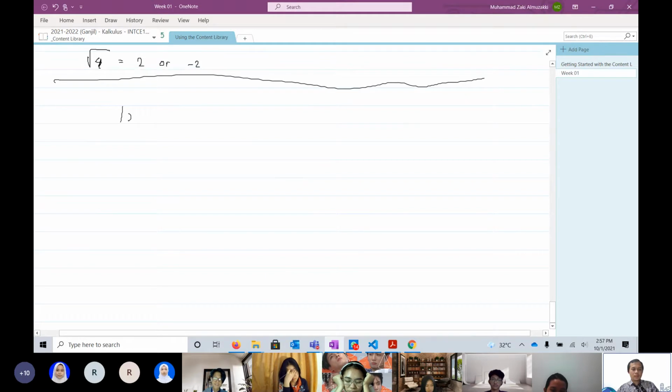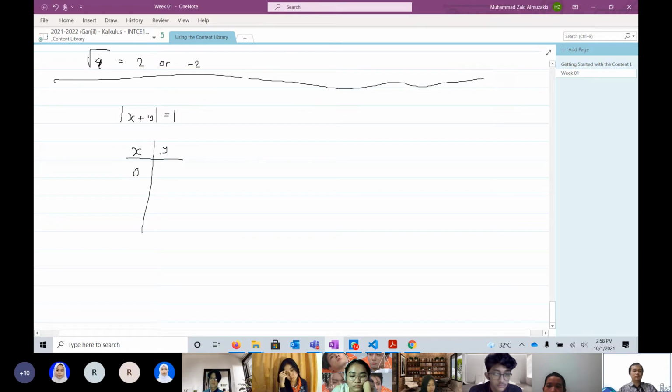So the equation is like this: absolute of x plus y equals to 1. Then if we choose x, let's say x equal to 0, what is the value of y in this case? It is 1.